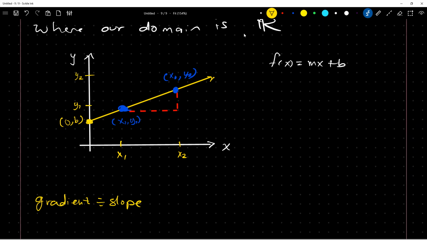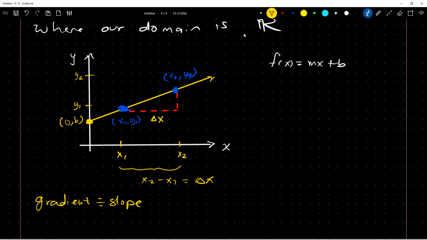So then the difference between x2 and x1, we just use the typical notion of distance where we subtract one from the other. So this distance here is x2 minus x1. That becomes my delta x. And this little dashed red line is the difference from one x coordinate to the previous.